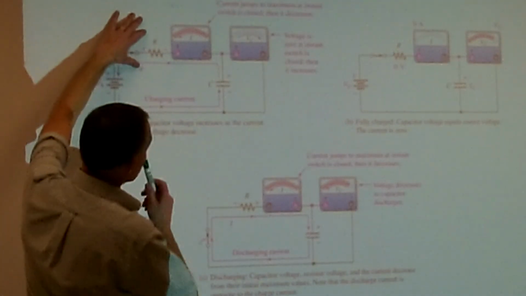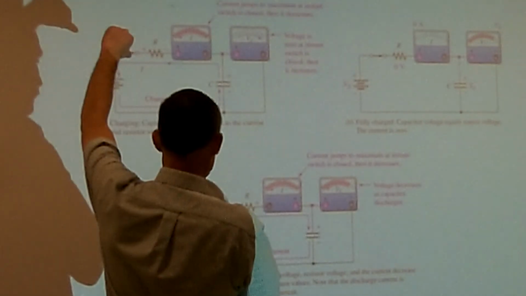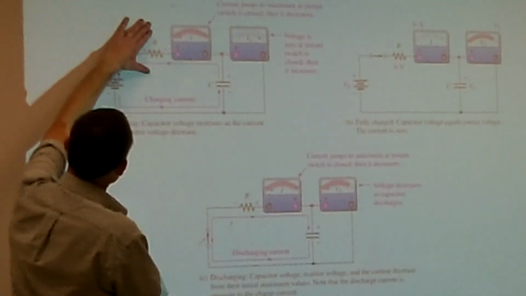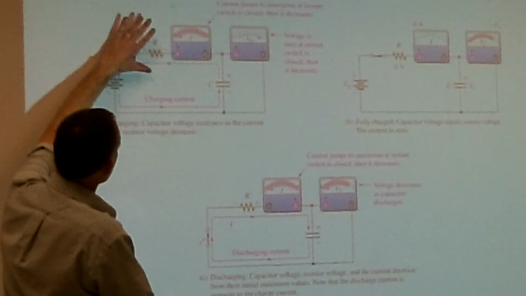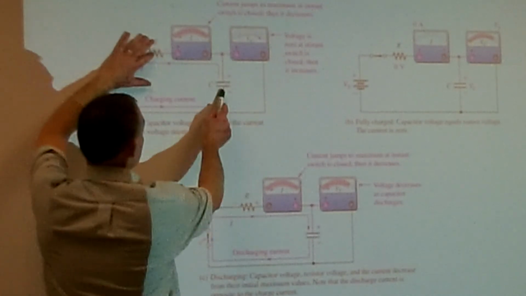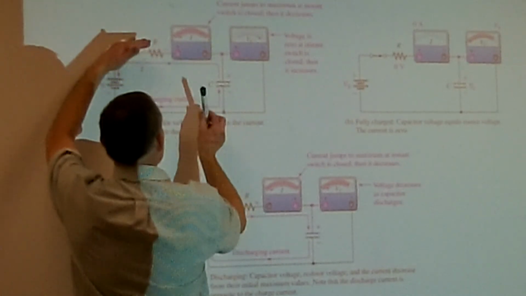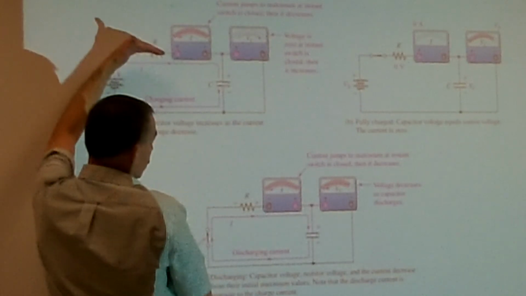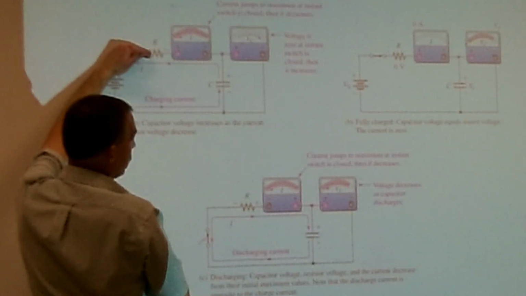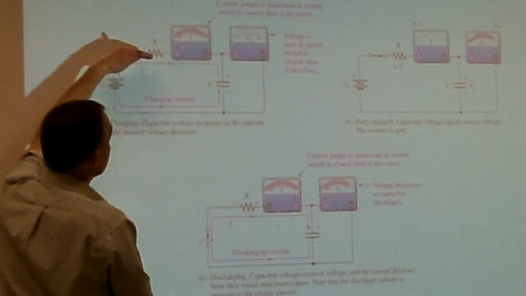So let's take a look at it. Now I have a resistor and a capacitor. And then a resistor. What's the definition of resistance? Opposition to current.